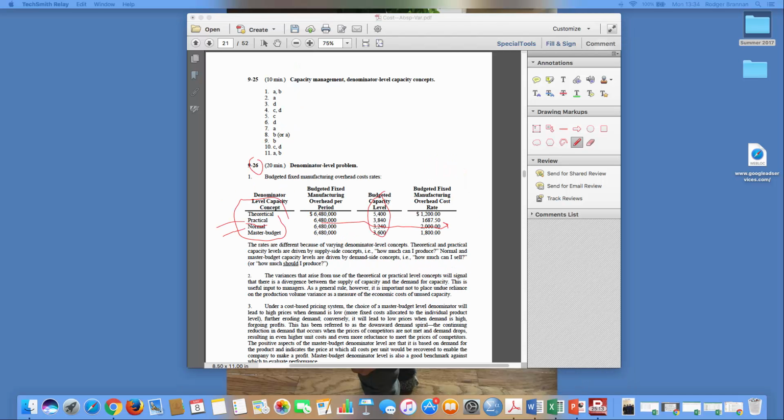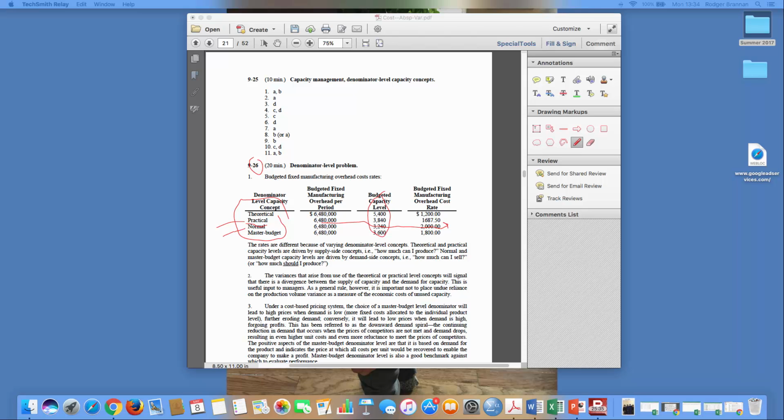For your purposes, for exams, you may be asked some conceptual questions: what is theoretical capacity, what is master budget? I may give you something like this and ask, what would be the fixed cost per unit? The mathematical part is fairly straightforward.